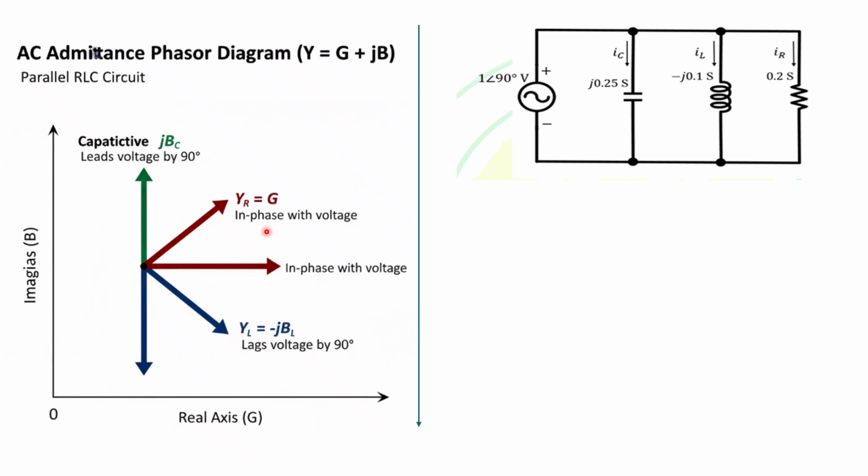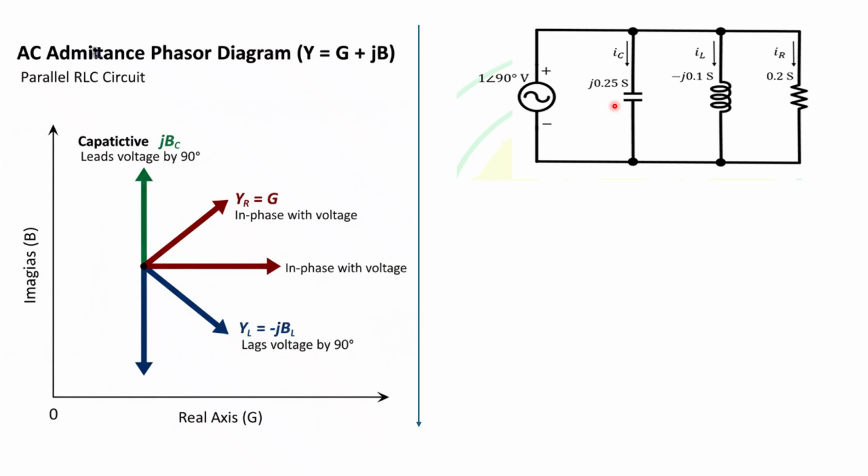Okay, coming to the question now. In our question, the voltage is already given as leading by 90 degrees, the RMS value is given as one only, and for the capacitor the reactance XC is given as 0.25 j.